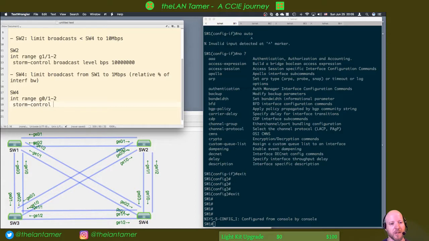The interface bandwidth is gigabit, and we want to limit broadcast level to 1 megabit per second as a relative percentage. So 1 instead of 1,000 megabits is 0.1%. That's not much broadcast traffic. So that is going to be 0.1.